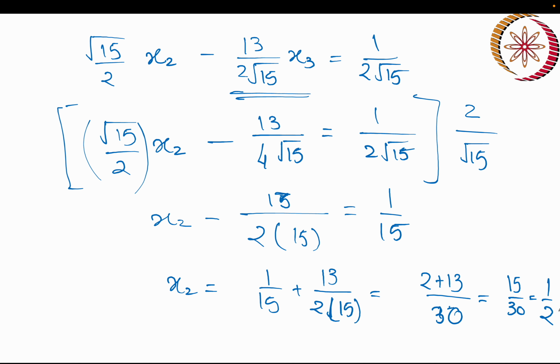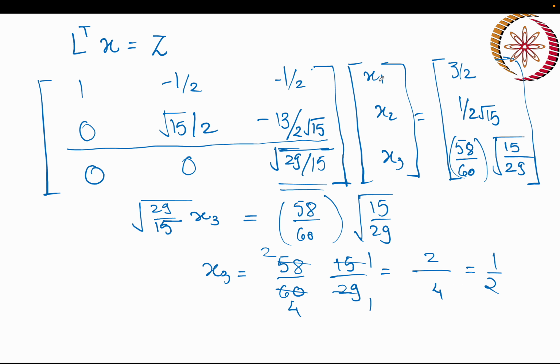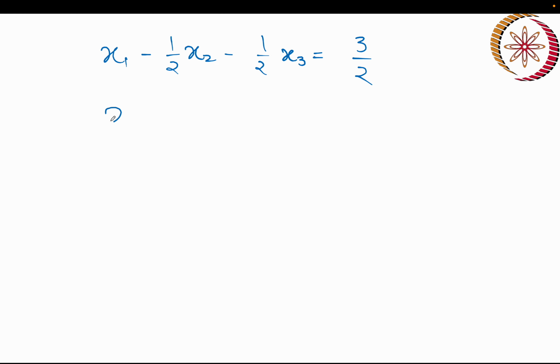Now we will go to the first expression, that is x1 minus half x2 minus half x3 is equal to 3 by 2. Okay, so both values x3 and x2 are half, so it will be minus 1 by 4 minus 1 by 4 equal to 3 by 2.